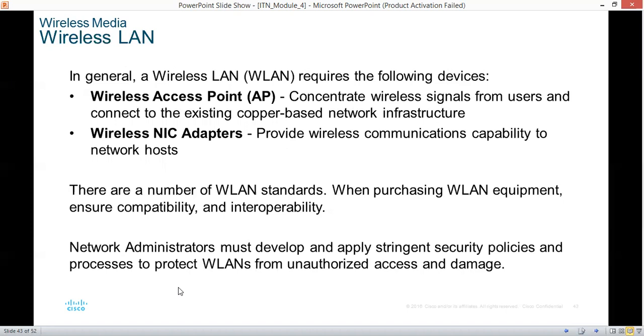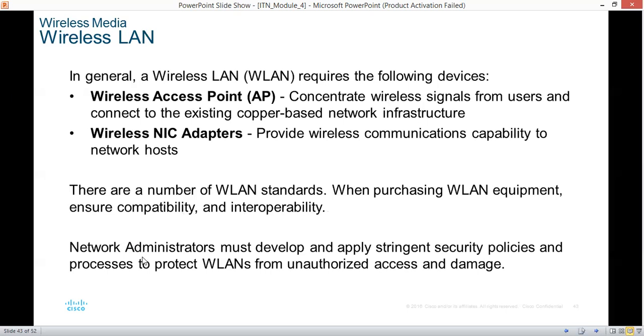The wireless NIC adapters provide wireless communication capability to network hosts. So there are a number of wireless LAN standards. When purchasing wireless LAN equipment, ensure compatibility and interoperability, so that it's compatible and can operate.